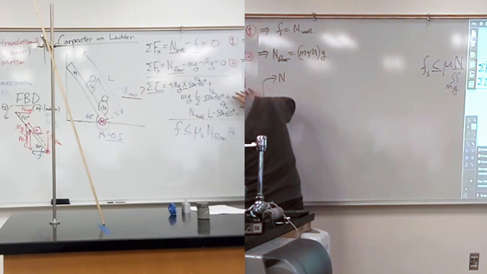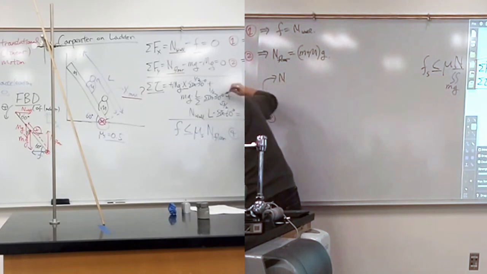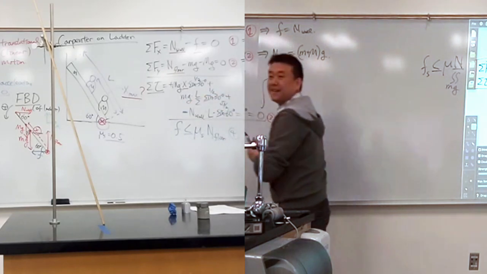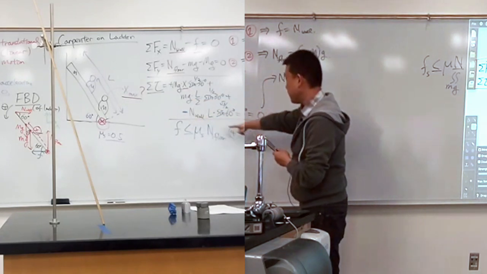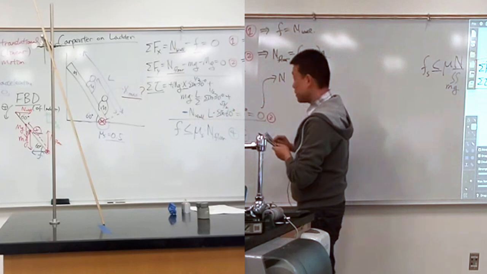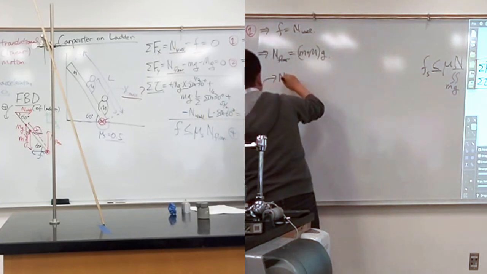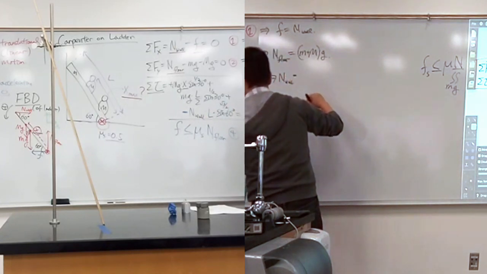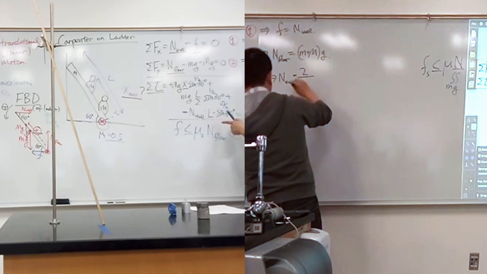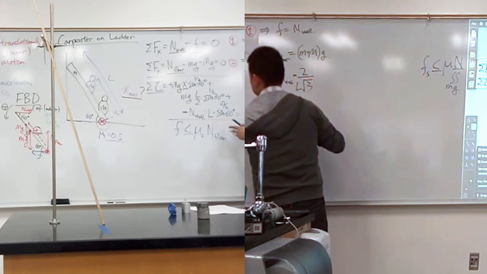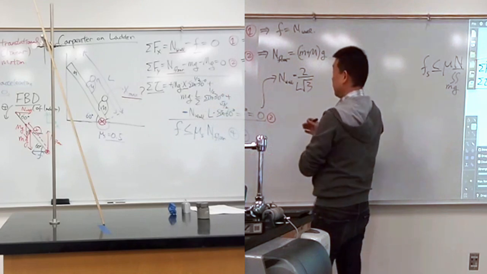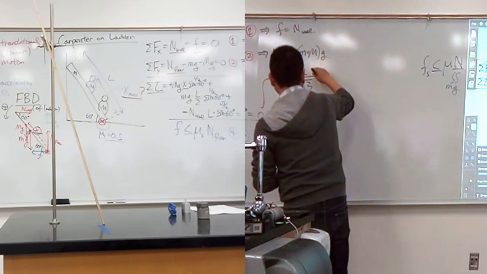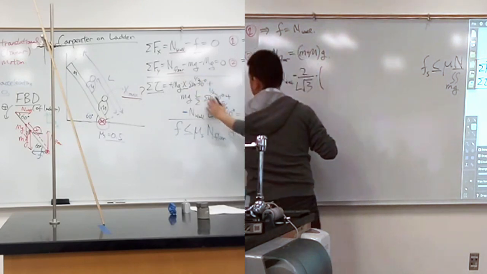Wait. Sorry, this should have been a minus sign. There should be a minus sign here. So I'll move this over to the other side, divided by L √3/2. So normal force from the wall will become 2 over L √3. That's the factor that I moved over that I multiplied through to get rid of it on the right-hand side, times everything that's left on the left-hand side.